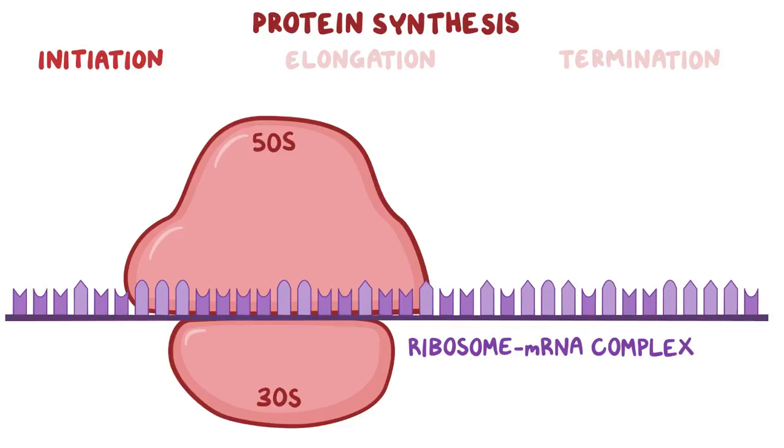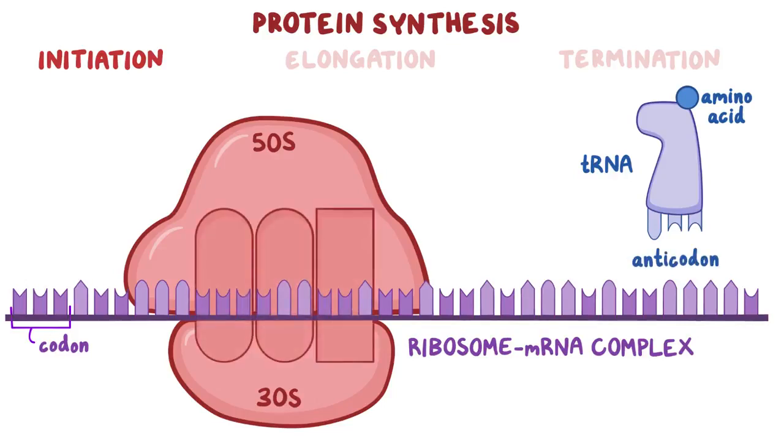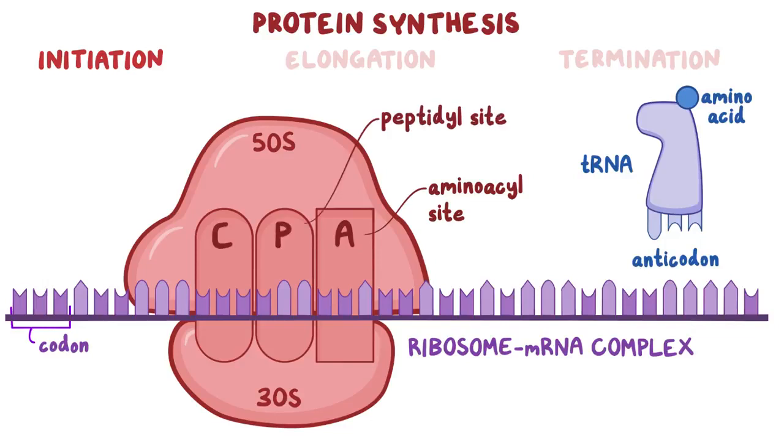It's made up of 3 nucleotide long sequences, called codons. Transport RNA, or tRNA, carrying different amino acids can bind to these codons with their matching anticodons. The complete ribosome mRNA complex has 3 sites where the tRNA can enter and bind. These are called the A, or aminoacyl site, the P, or peptidyl site, and the E, or exit site.